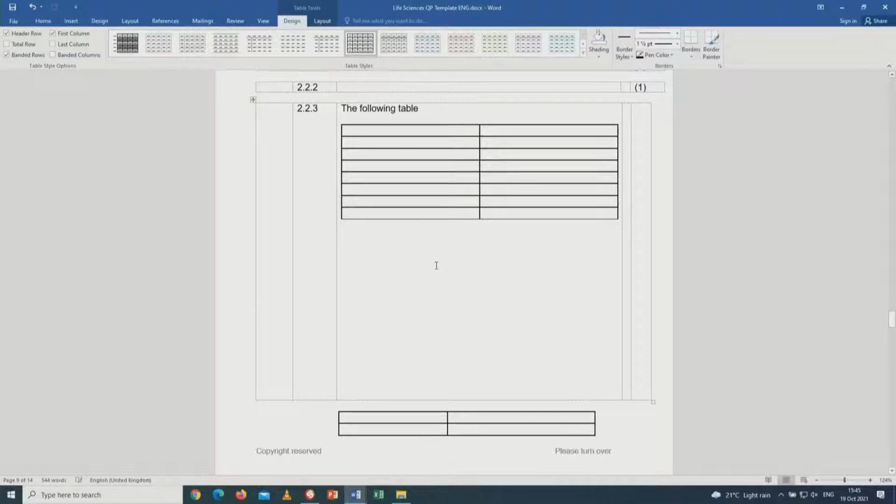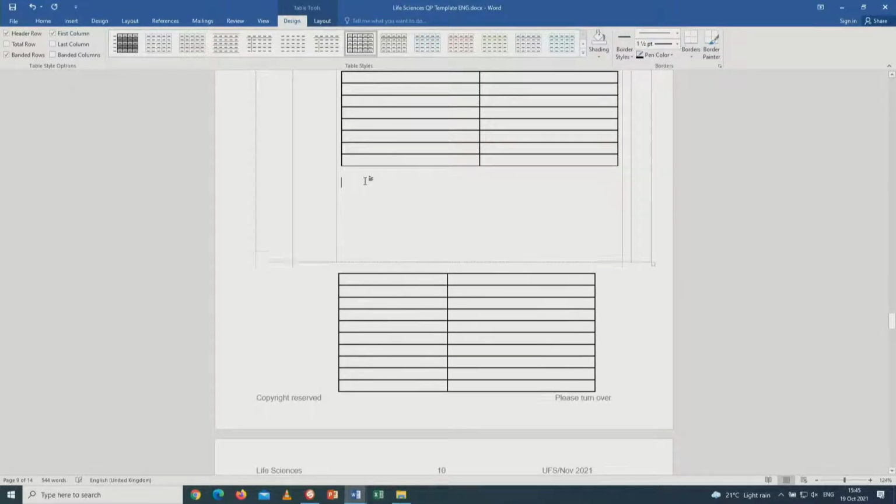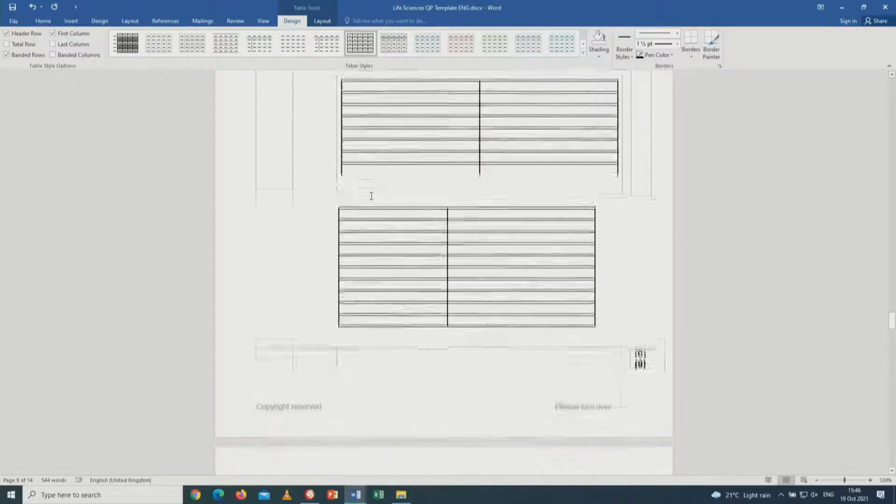So for starters, do a table like that. Don't bother with thicker outsides and thinner insides. You can play with it, but if you are pressed for time, just go for 1.5 thickness and you will be okay. If I delete that, I have just two rows less, but at least you get the idea of drawing a table.